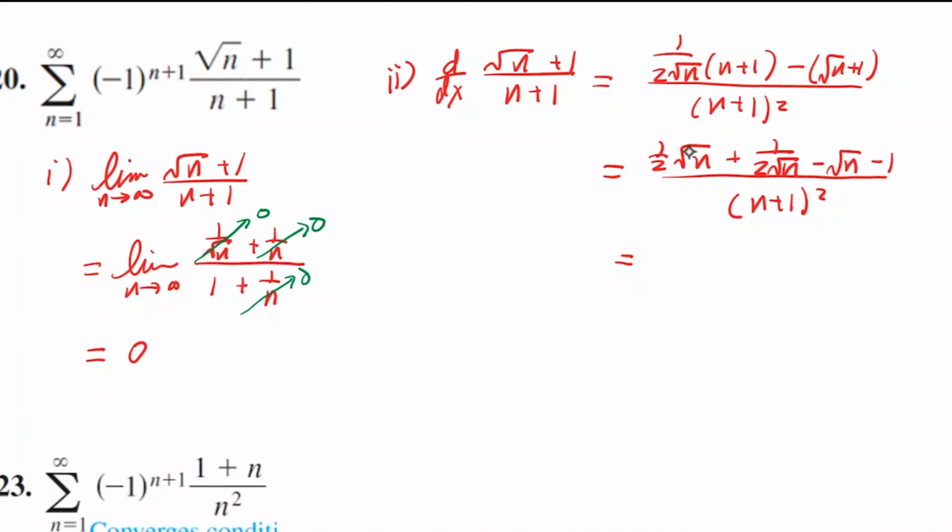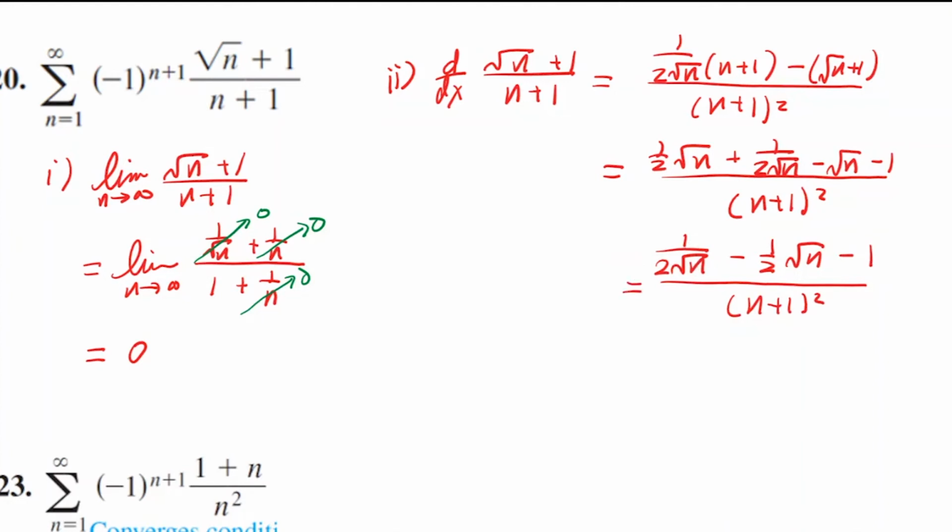Okay, then what do you have? Well, this and this is a like term, isn't it? So I would have 1/2 square root n minus 1/2 of square root n minus 1 over n plus 1 squared. Okay, let's see.